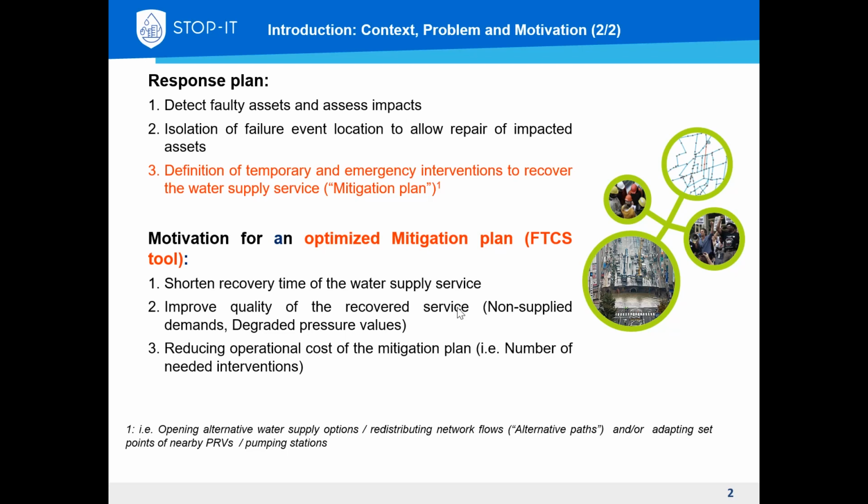Mainly, this tool deals with this third step, aiming to optimize this process of defining emergency interventions to recover the water supply services in order to shorten the recovery time, improve the quality of the recovered service and reduce the operational cost of the mitigation plan.